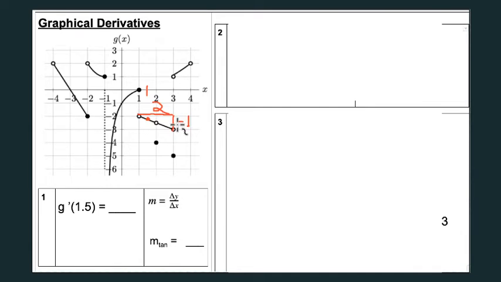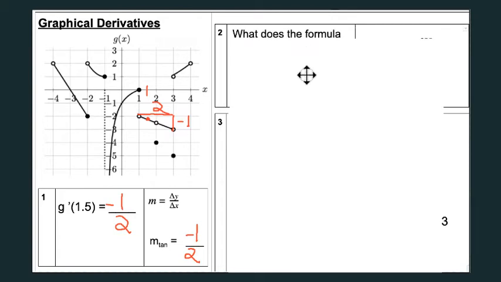So I just apply m equals delta y over delta x, or y2 minus y1 over x2 minus x1. The rise is -1 and the run is 2, so it's -1 over 2, or -0.5. All right, so let's look at number 2 now.